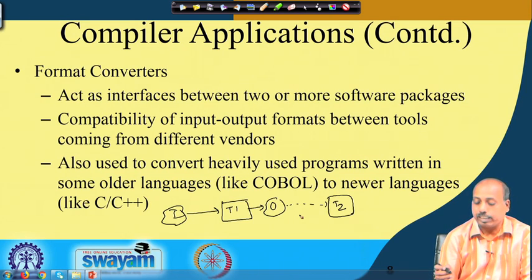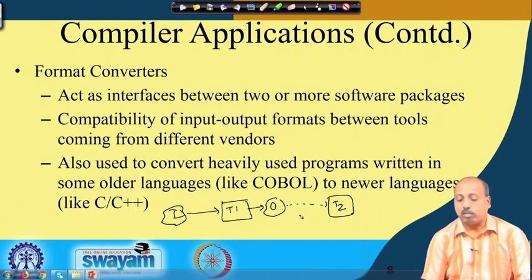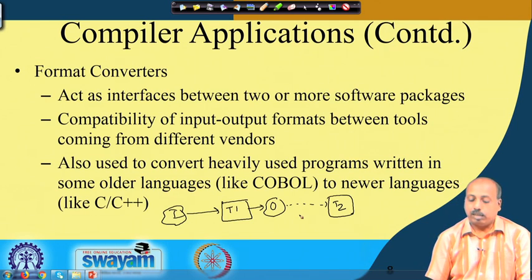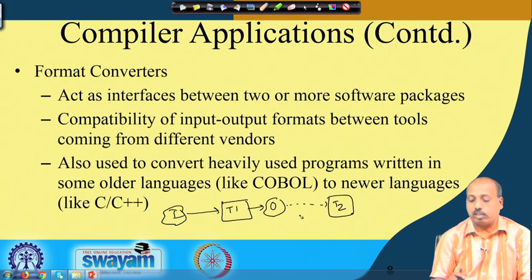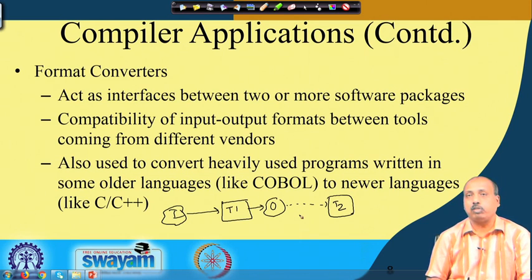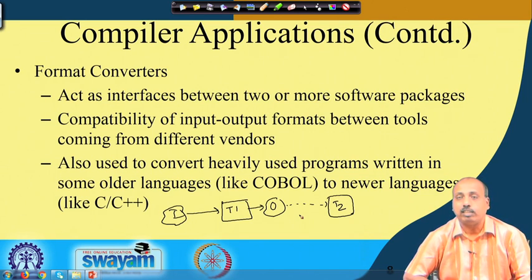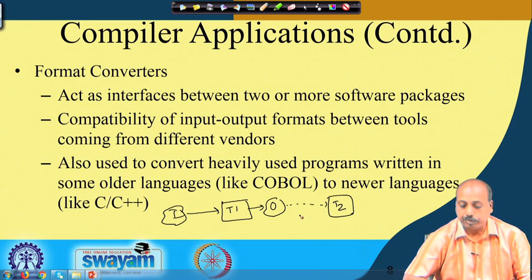Tool 2 expects input in some format. It is very common that, maybe, tool 2 does not take semicolons at the end of the lines, whereas tool 1 produces semicolons at the end. Or maybe tool 2 requires variables to be defined in some fashion, whereas tool 1 output is in some different format.